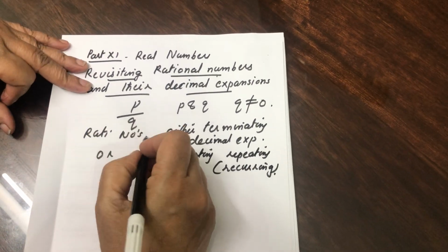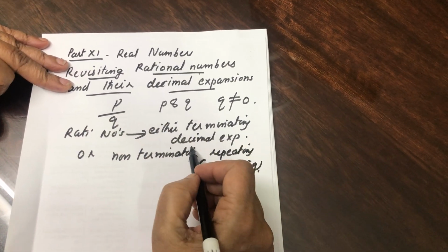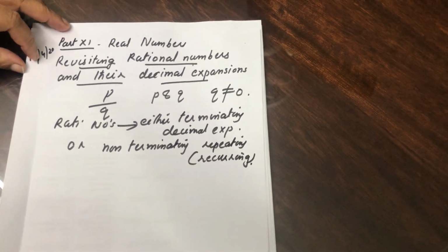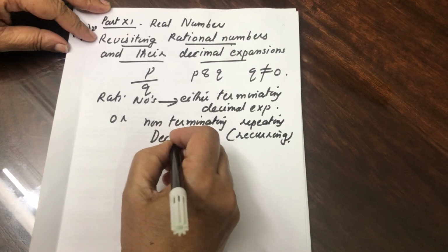So rational numbers are either terminating decimal expansion or non-terminating repeating decimal expansion.